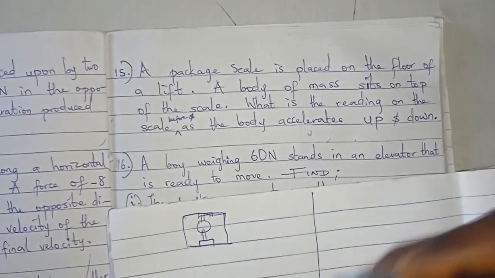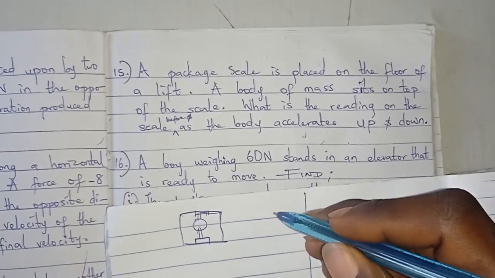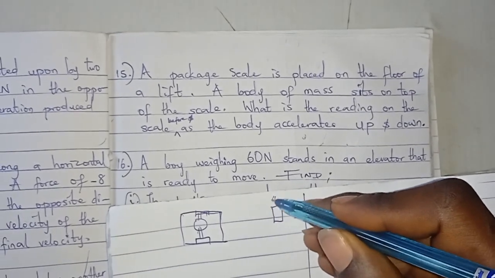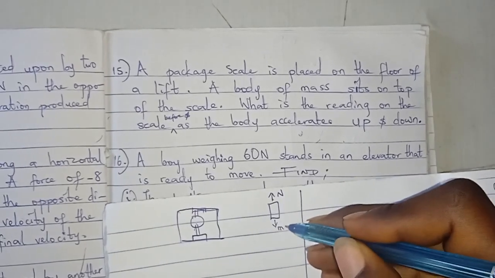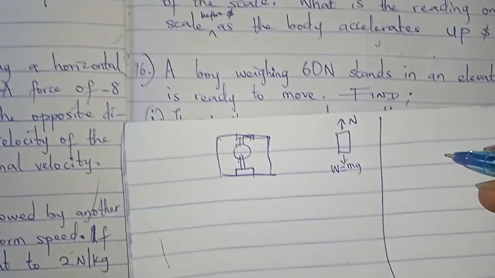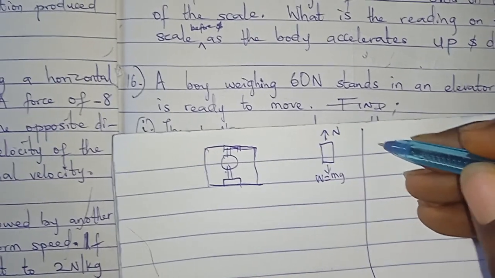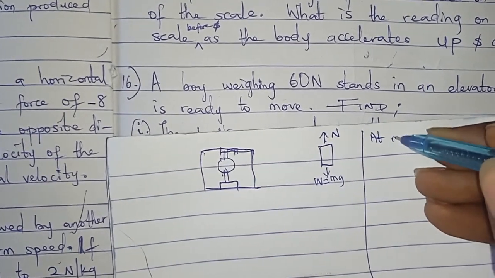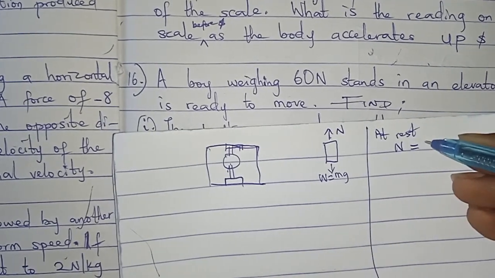Without stressing you, once you see any question, you need to remember that the force acting on a body upwards is normal force. The one downwards is mg, or you call it weight. And if that be the case, it simply means that when the body is still at rest, normal force will be equal to weight.